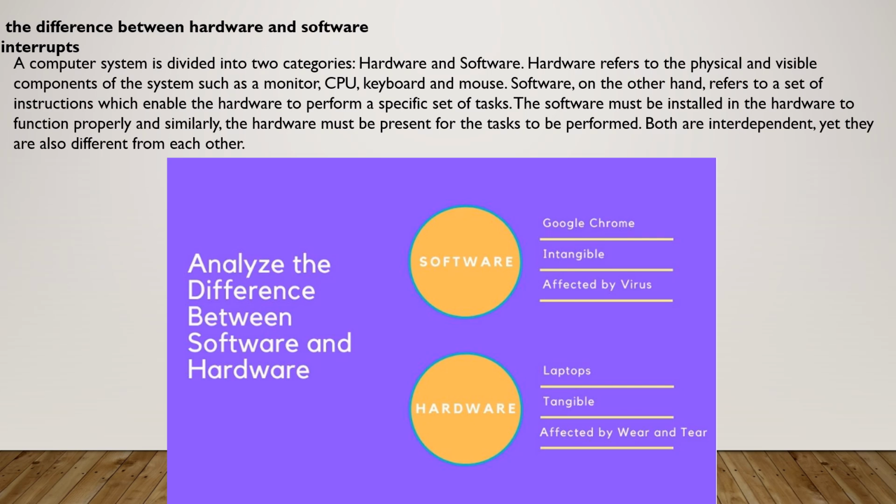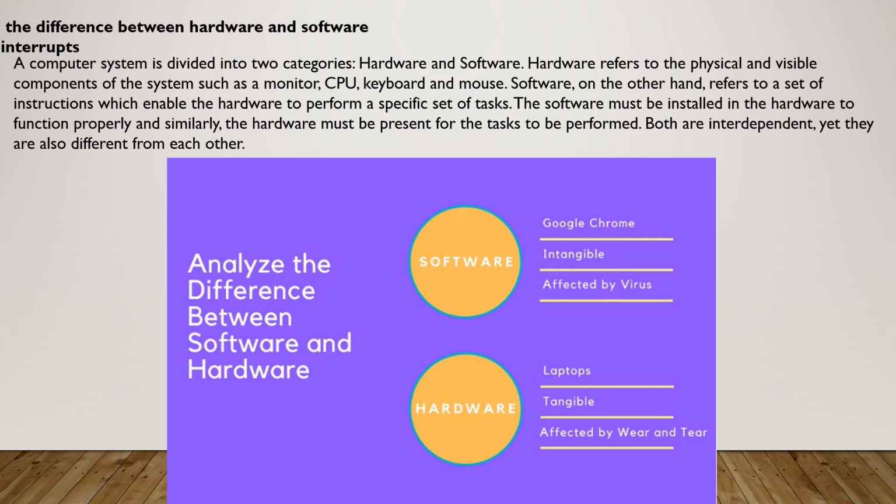Software, on the other hand, refers to a set of instructions which enables the hardware to perform a specific set of tasks. The software must be installed in the hardware to function properly, and similarly, the hardware must be present for the task to be performed. Both are interdependent yet they are also different from each other.